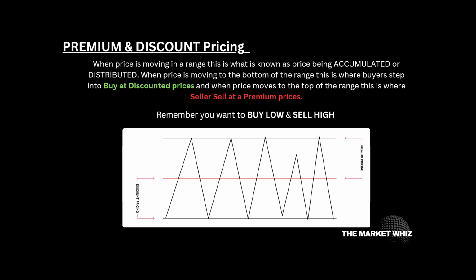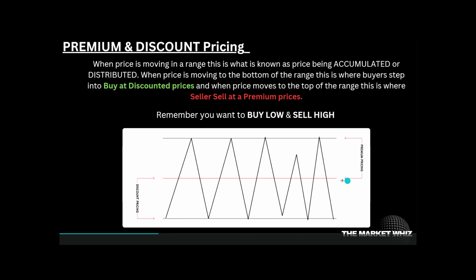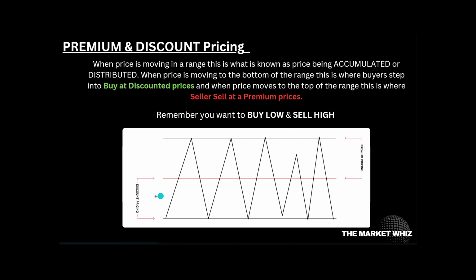When price moves to the top of the range, this is where sellers sell at premium prices. What you need to remember is that you want to buy low and sell high. That's how it works with the majority of things. This is how the range works: you have your equilibrium in the middle, and your discounted and premium pricing.